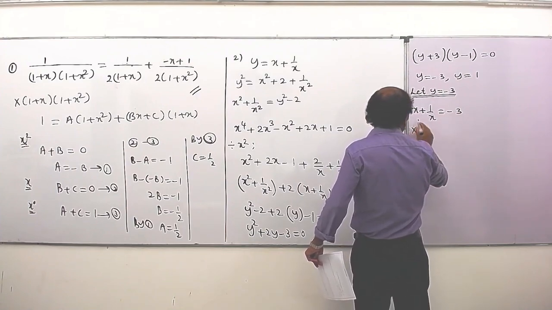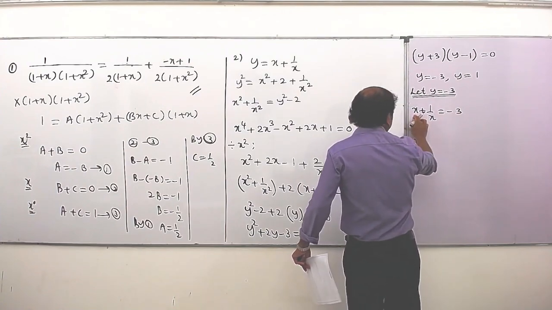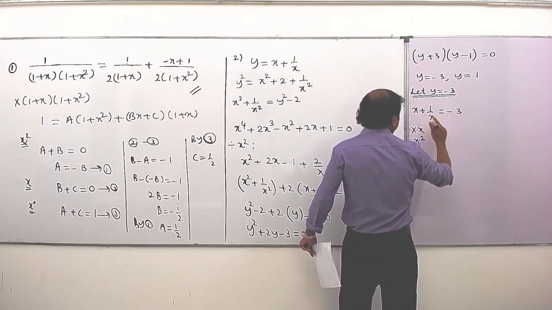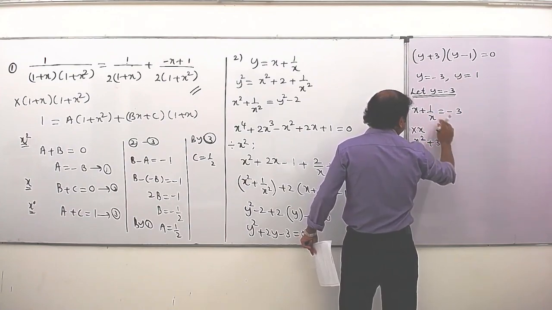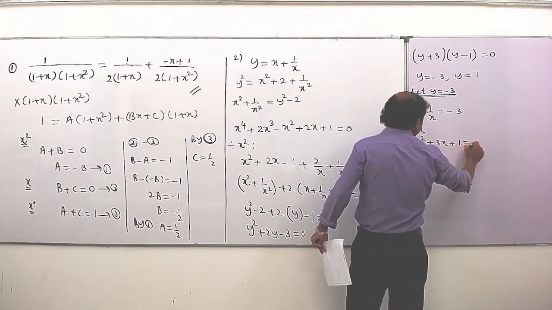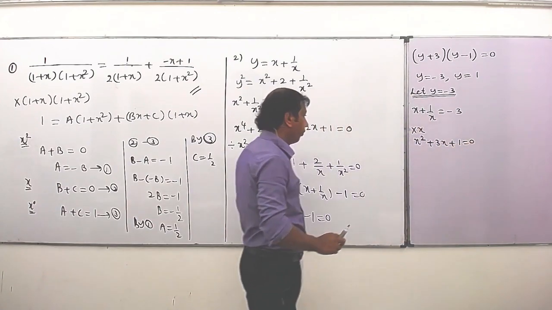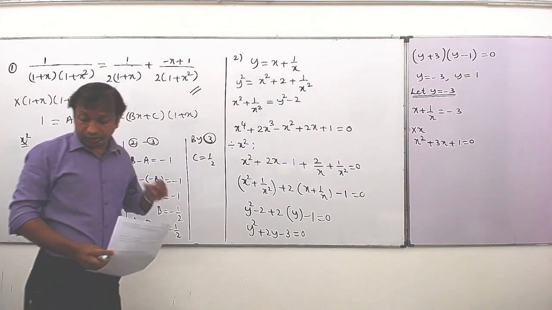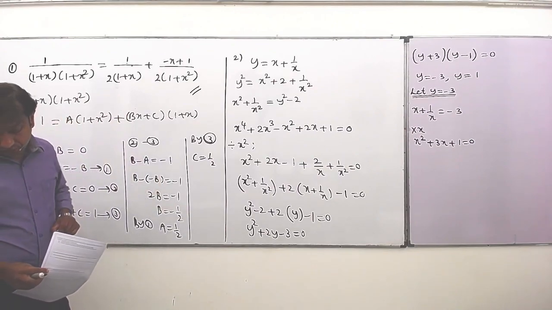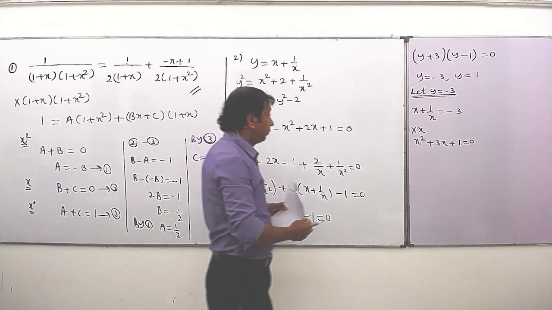Multiplied by x, we get x squared, minus 3x. We can take this side, plus 3x, plus 1. X squared plus 3x plus 1 we get, right? Then we can find two x values for this.